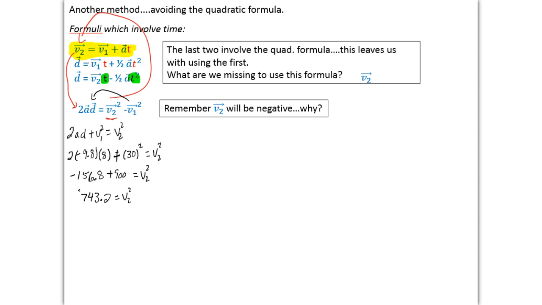Now, if this worked out to be a negative number here, you've done something wrong, because you cannot take the square root of a negative number. To get rid of the squared term, you have to take the square root.